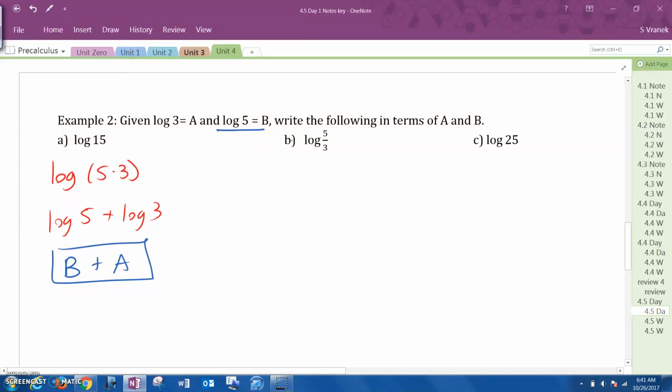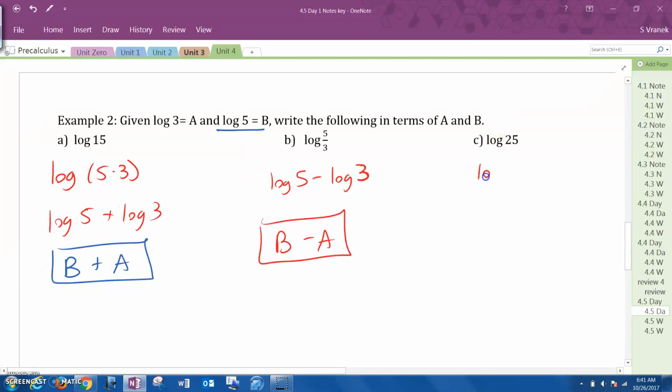Over here, we have subtraction. So we have log of 5 minus log of 3 because there was division, which means the exponents are being subtracted. So finally, we can fill in our letters. Again, log 5 is b, log 3 is a. So this one's b minus a.